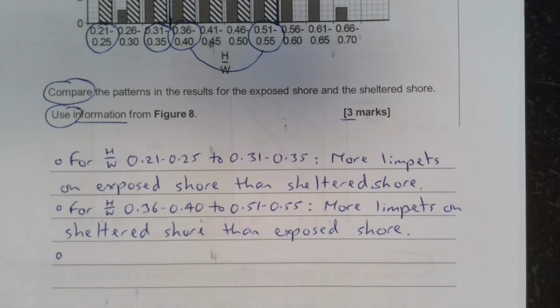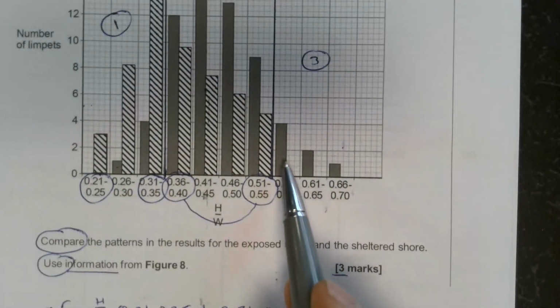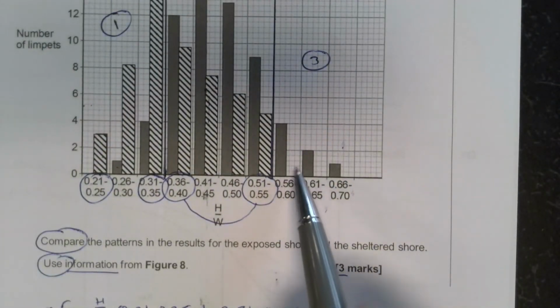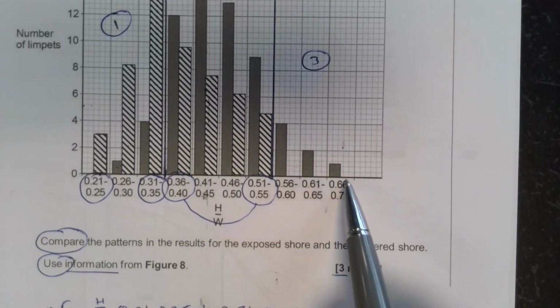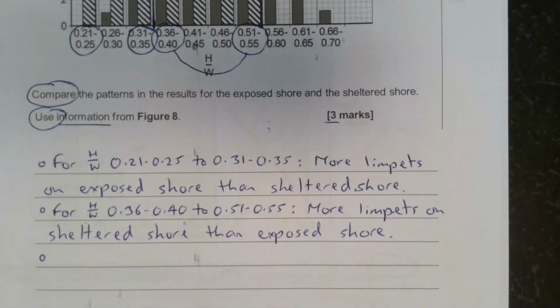Right, the last bullet, so I've got to talk now about region 3 over here. And what have I noticed here? Well, there are no limpets on the exposed shore at all, so only on the sheltered. So I'm just going to see how I would write that.